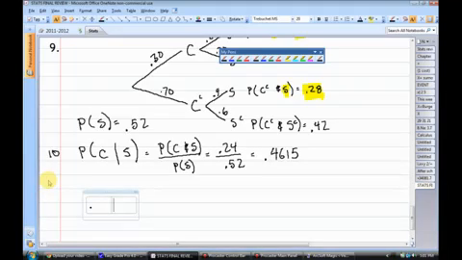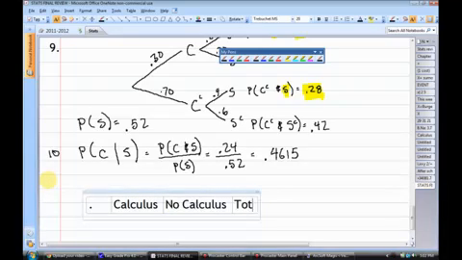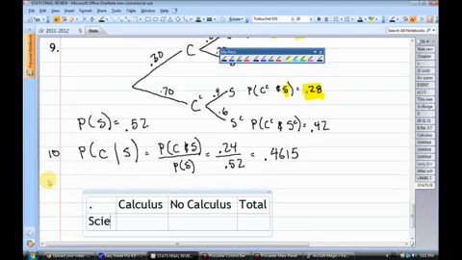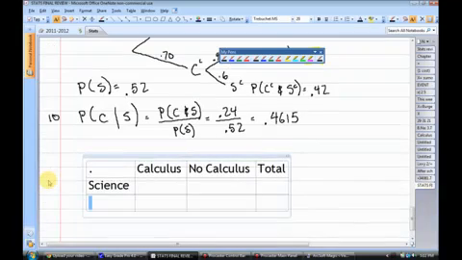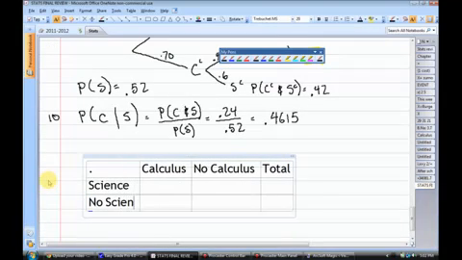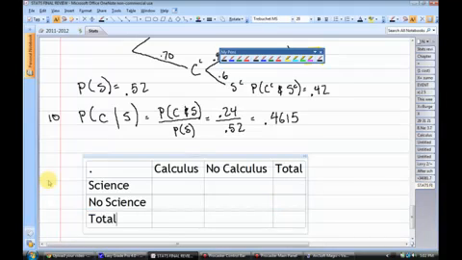So the first one we have is calculus and no calculus, total. Science, no science, total. So, how many people can we start off with?